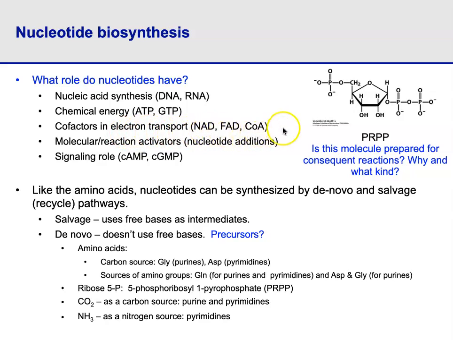NAD, FAD, CoA, these are all various forms of nucleotides that are part of the metabolic process, throughout metabolism in general. They are also involved in molecular activation, so for phosphorylation or when we do adenylation. And lastly, but not the least, they are signaling molecules, cyclic AMP and cyclic GMP.